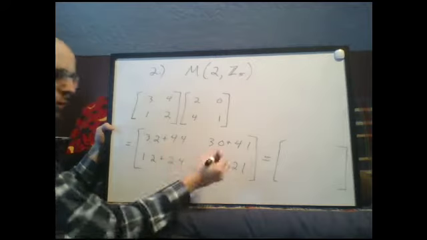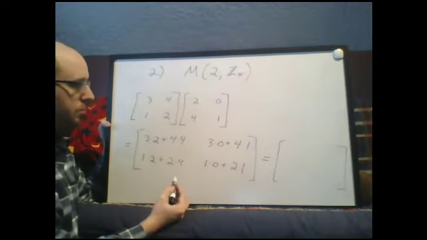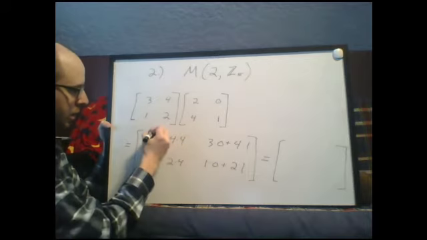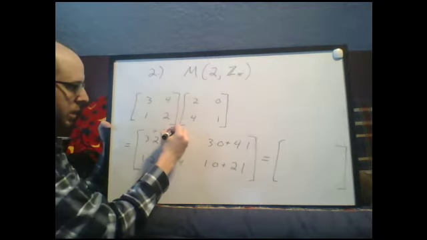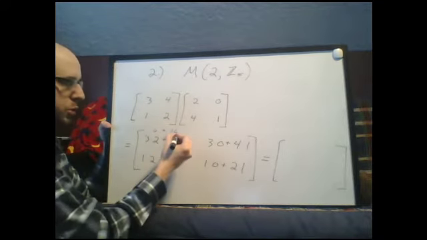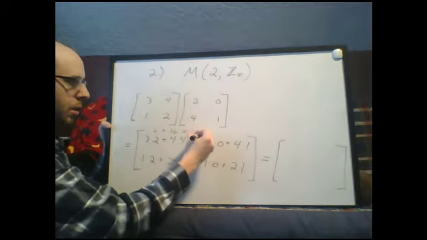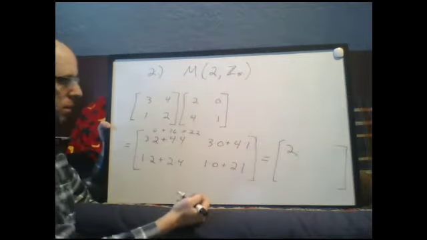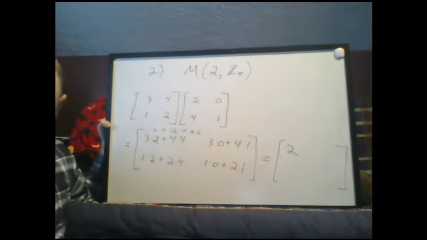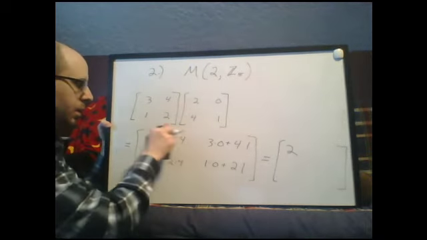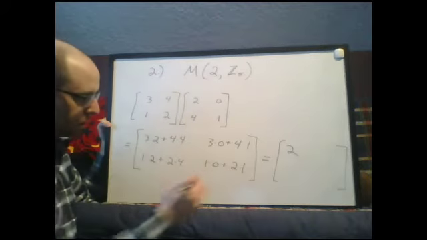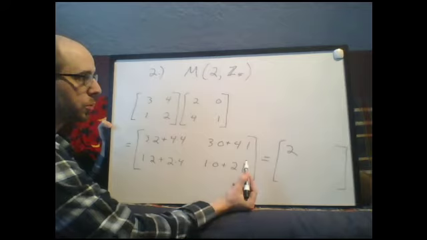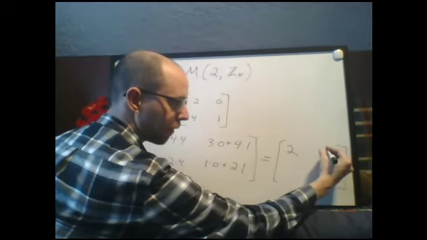So we simplify each of these 4 numbers, but the operations are done mod 5. So here I will get 6 plus 16. That's 22, but mod 5, 22 is 2. Then we've got 3 times 0 is 0, plus 4. 0 plus 4 is 4, mod 5, that's still 4.